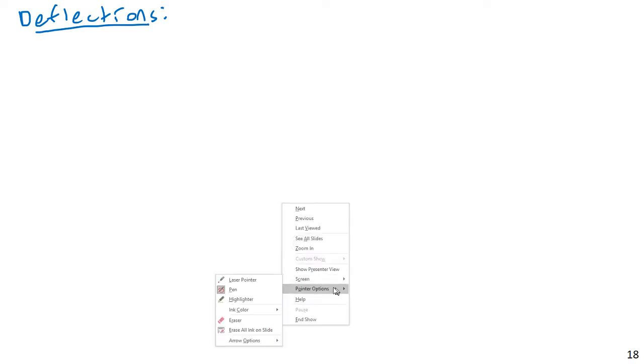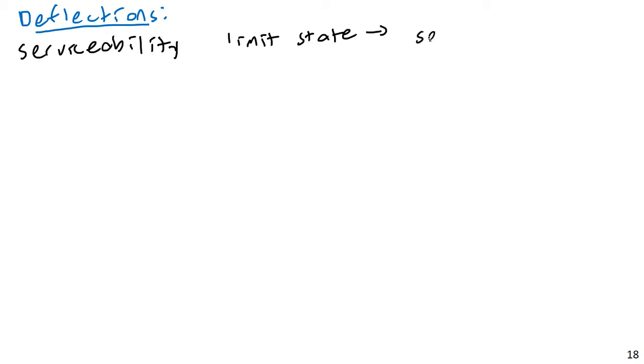Again, with deflection we are looking at serviceability limits, the serviceability limit state. And because of this, we are using service loads, or another word for this would be unfactored loads. Service loads or unfactored loads.